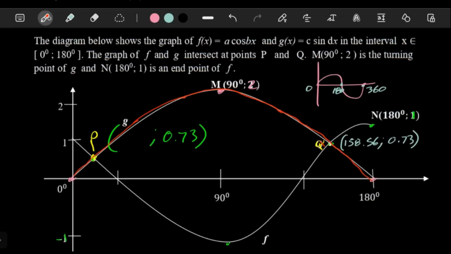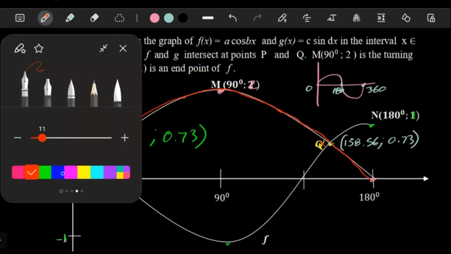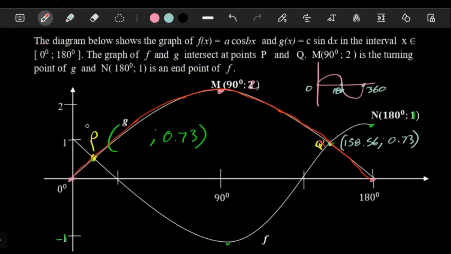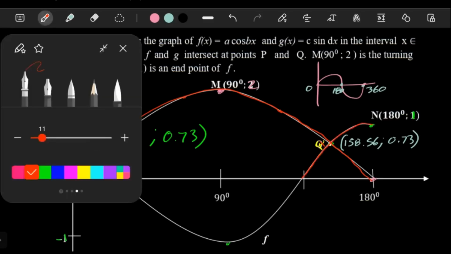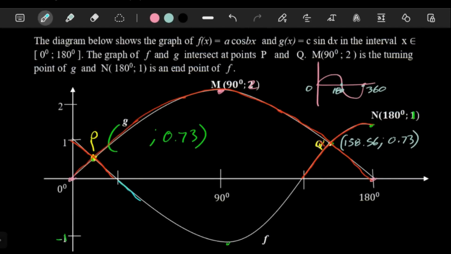All this being said, if you look at your course graph, the part that's in red here, those are the positive y values. The part that I'm going to put in blue here, these are negative y values.